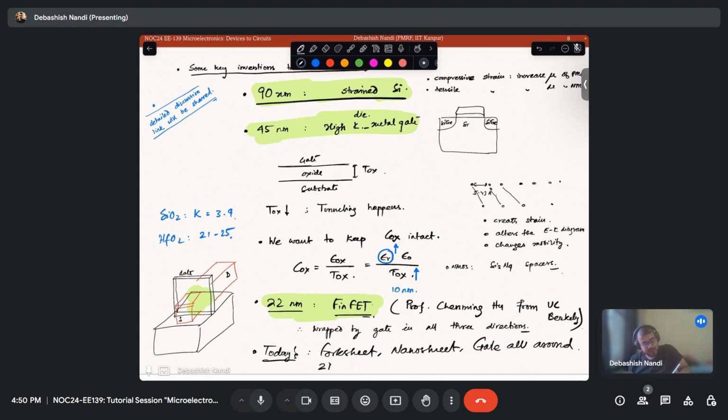Then people are exploiting 2D materials for further scaling down, 2D materials like MoS2, WSe2. Graphene was there; graphene is used for contacts. So multiple research fronts are there on this topic, and scaling is still a widely researched topic.